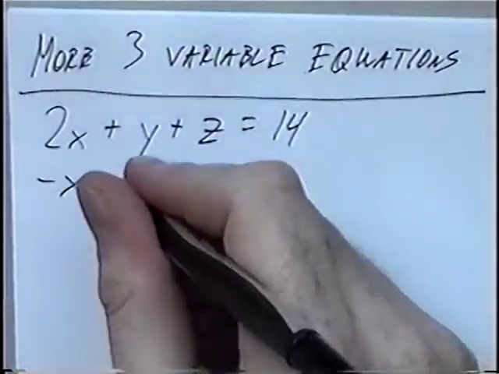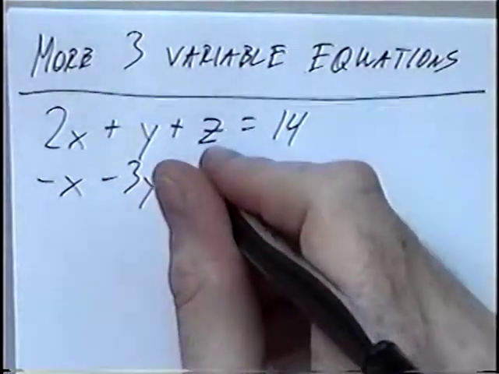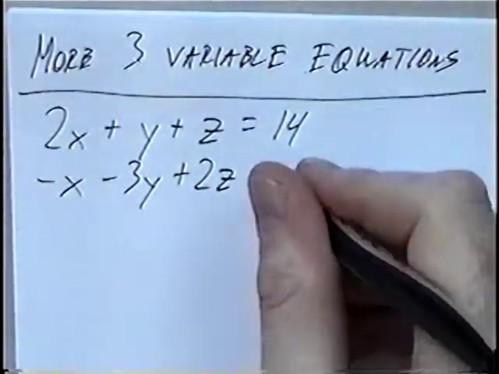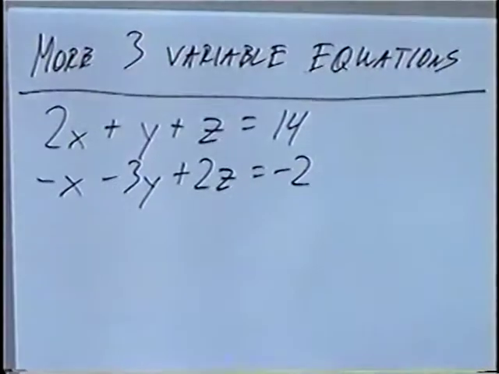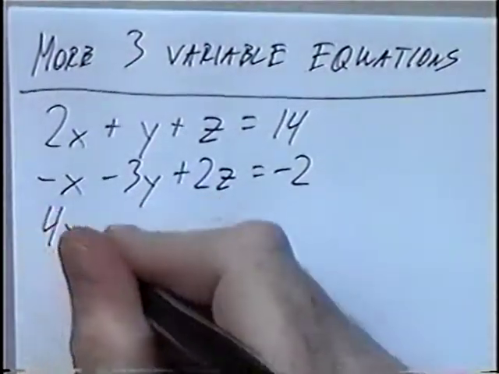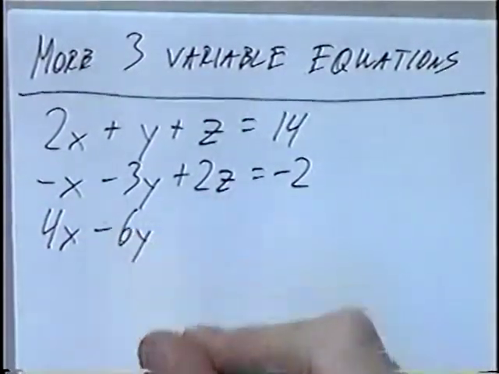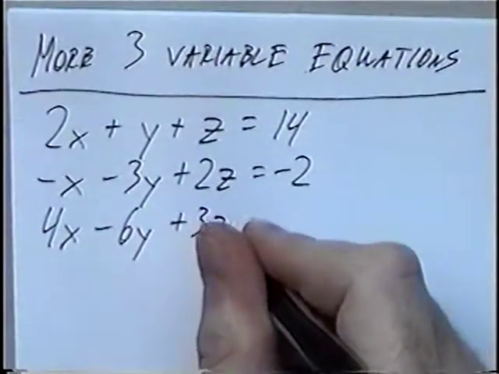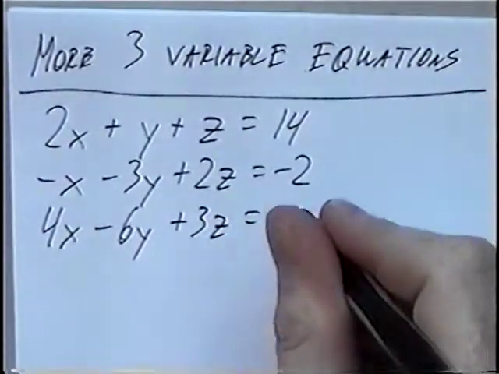And negative x minus 3y plus 2z equals negative 2. And last equation, 4x minus 6y plus 3z equals negative 5.